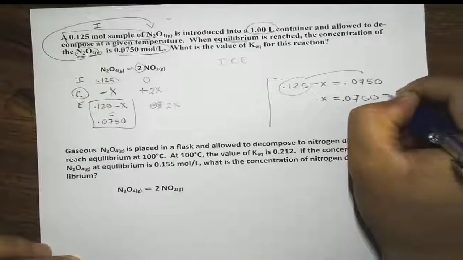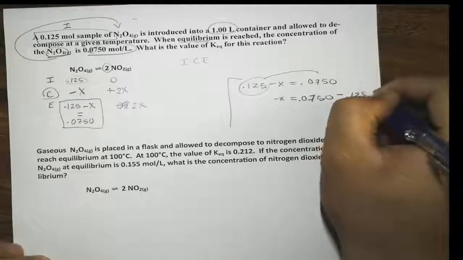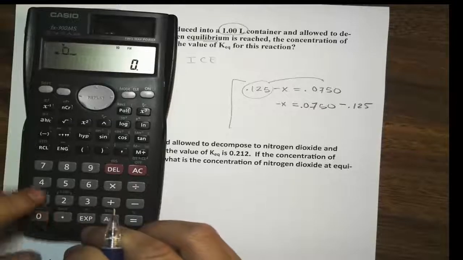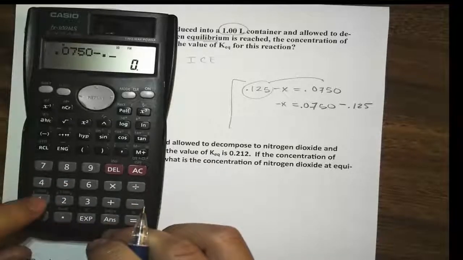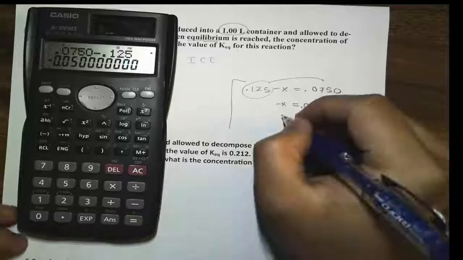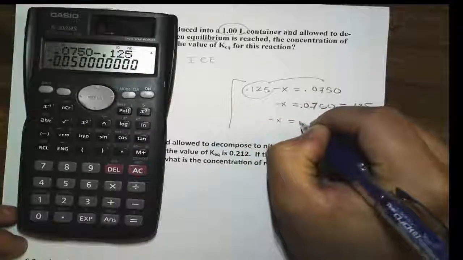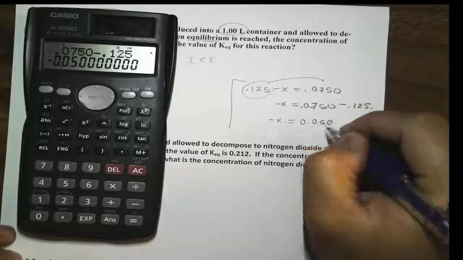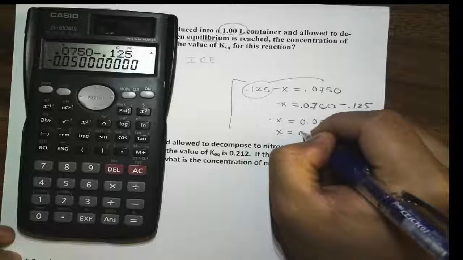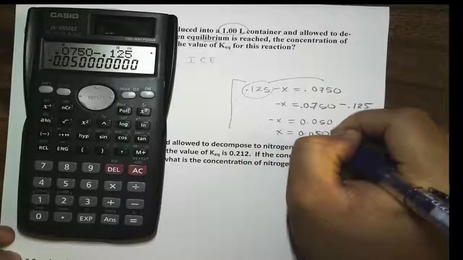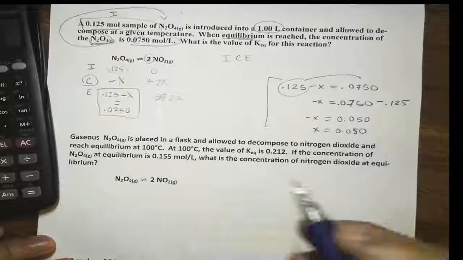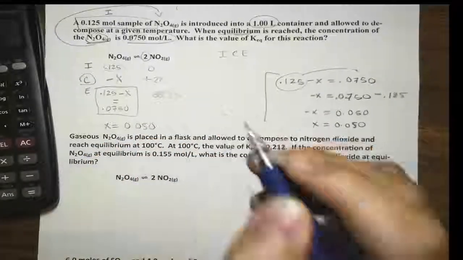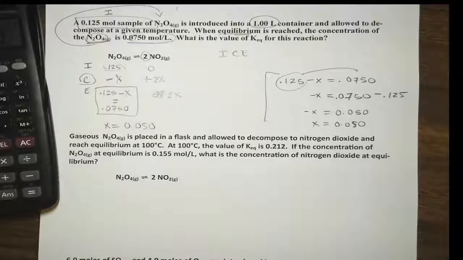So we have 0.0750 minus 0.125, giving us negative X equal to negative 0.050. And of course, X will just be 0.050. So we solve for X. Isn't that easy?